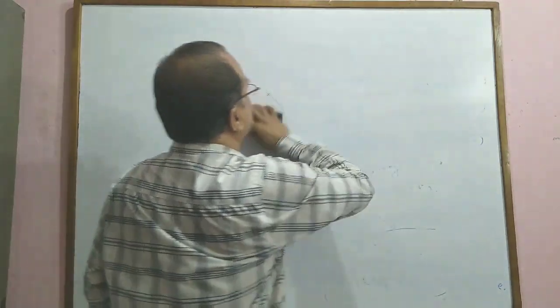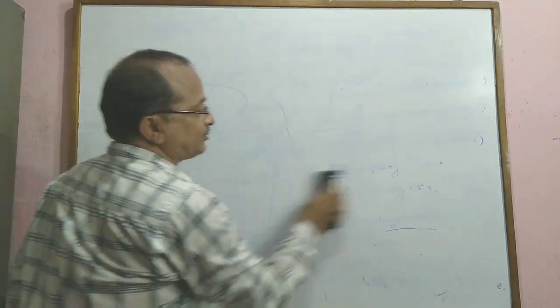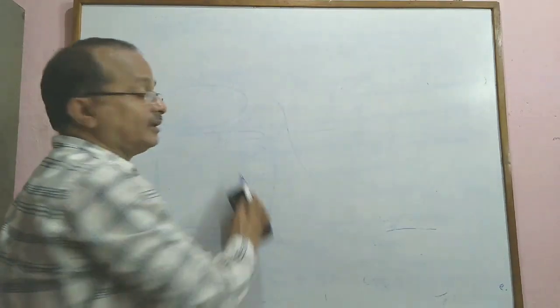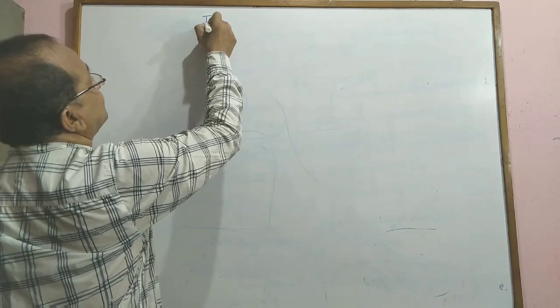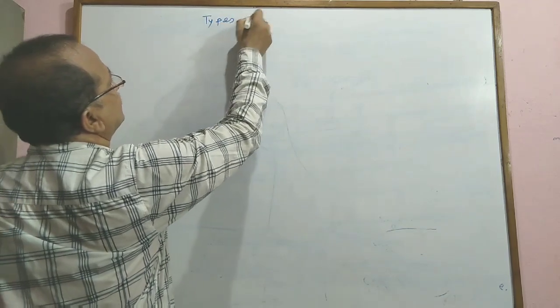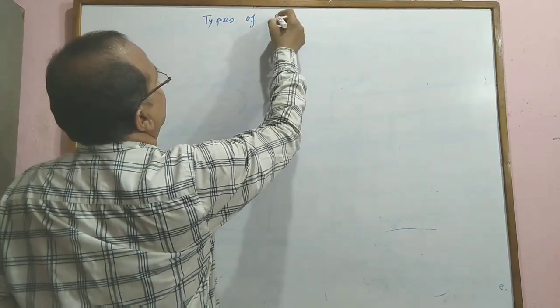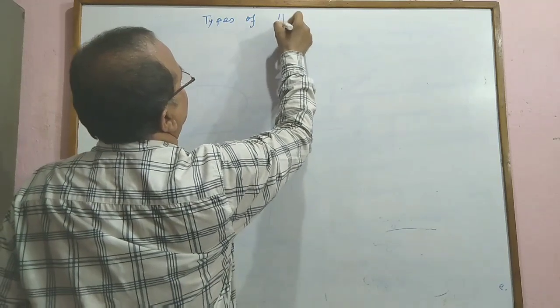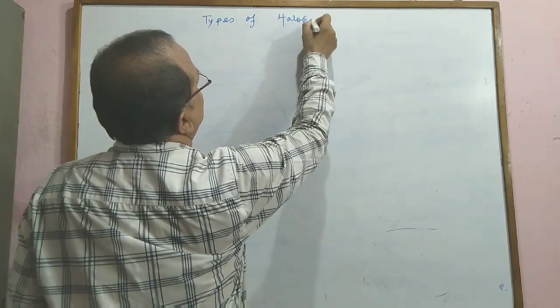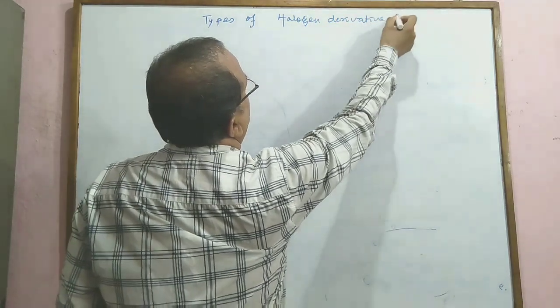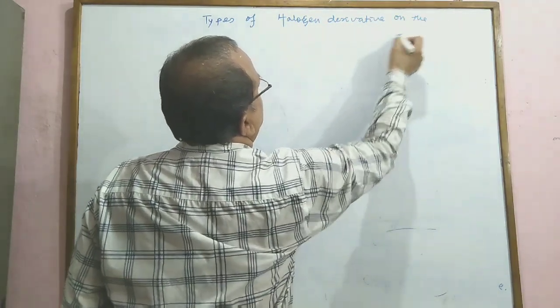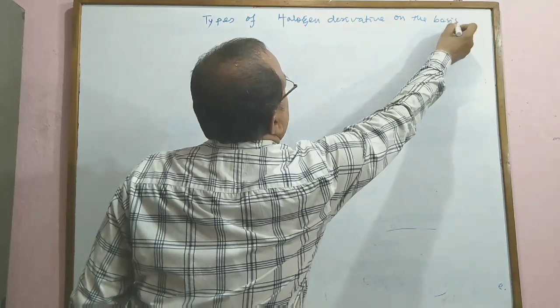One is sp3, another is sp2, another is sp hybridization. Here we will discuss the types of halogen derivative on the basis of hybridization.